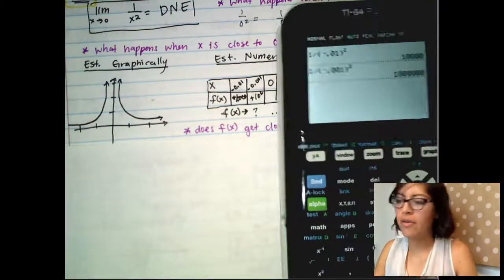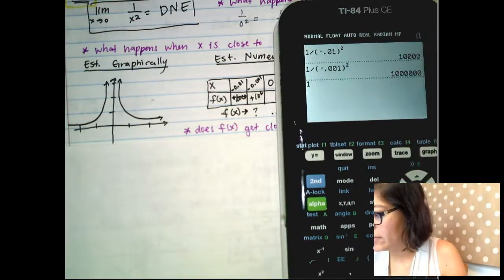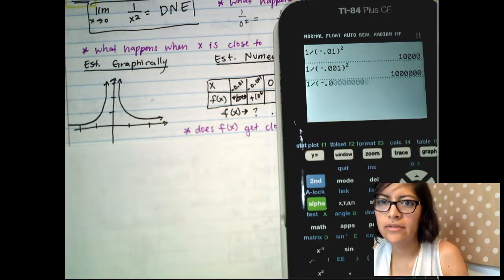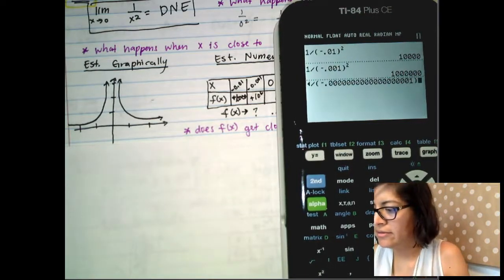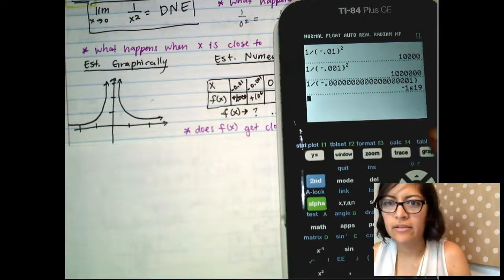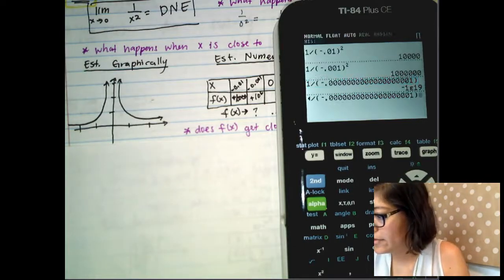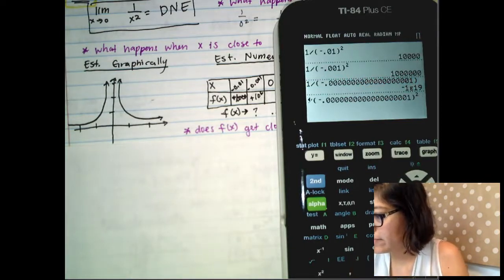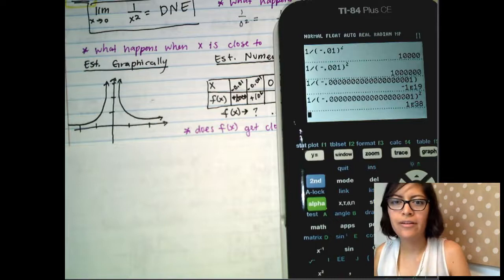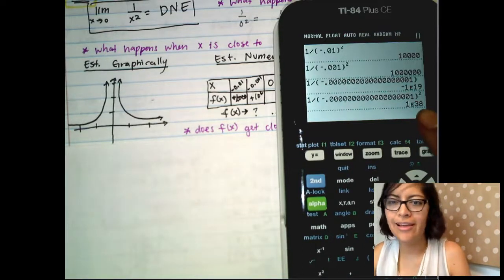If we were to go even further, 1 divided by negative 0.000000001, oops, I didn't square it. Let's square it. It's 10 to the 38th power.